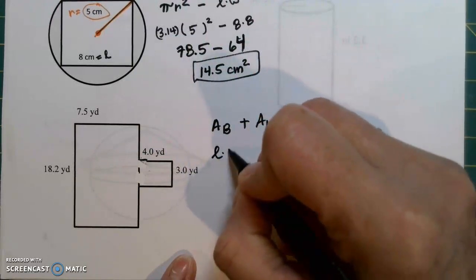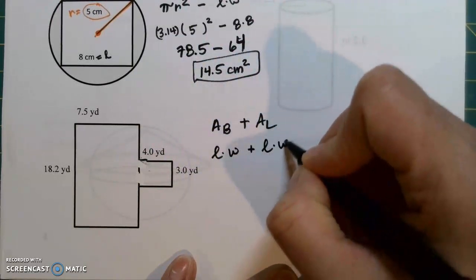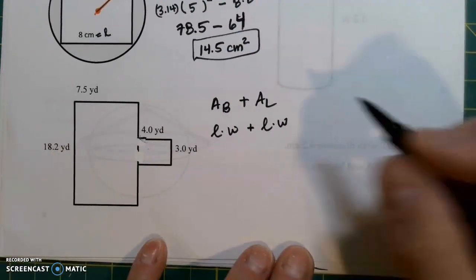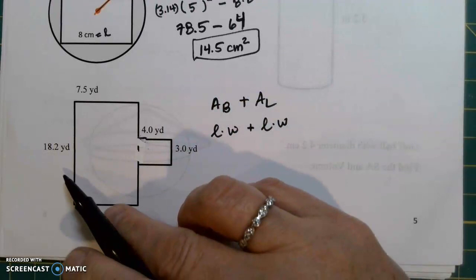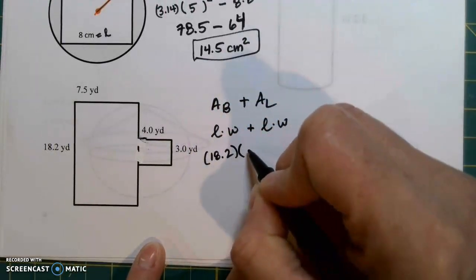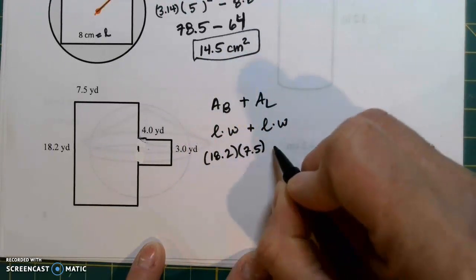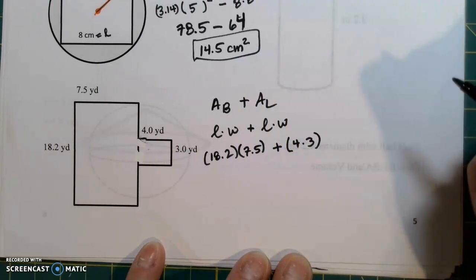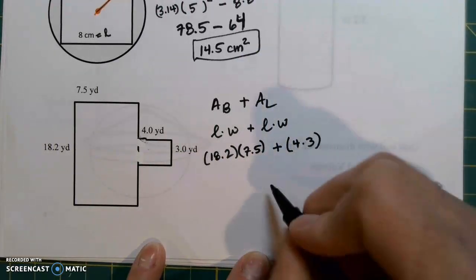And everything's all in yards, so I just need to pick out the right lengths and widths for each of those. So the big rectangle has sides of 18.2 and 7.5. And the little rectangle has sides of 4 and 3.